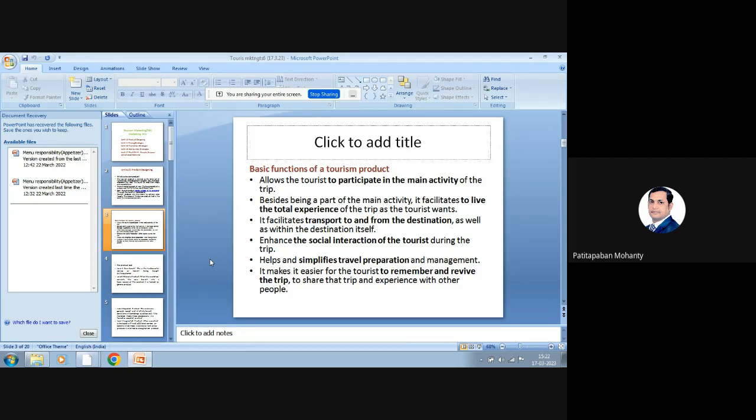For example, agri-tourism. What are the agri-tourism products? When tourists think about traveling to an agri-tourism destination, what kind of activities does he or she want to immerse in? That is the basic function of the product.